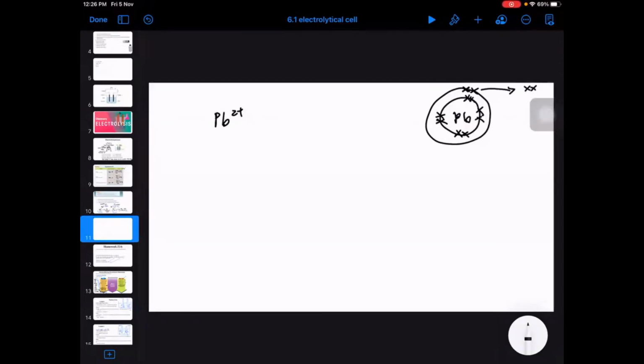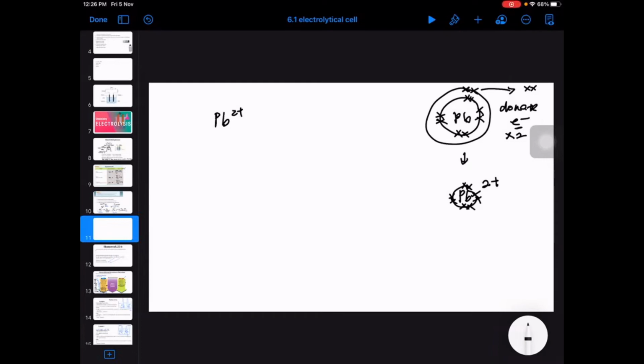The lead doesn't want these 2 electrons. Because it donates the electrons, throws them away, it is left with only 1 shell less. The last shell is gone because it throws away the electrons. Now because it throws away 2 negative electrons, it becomes positively charged.